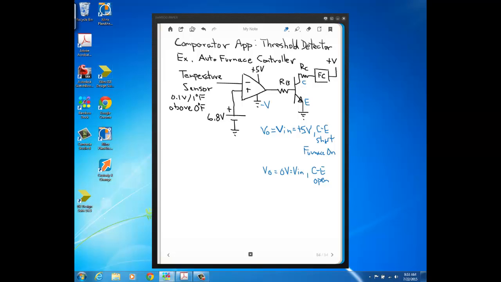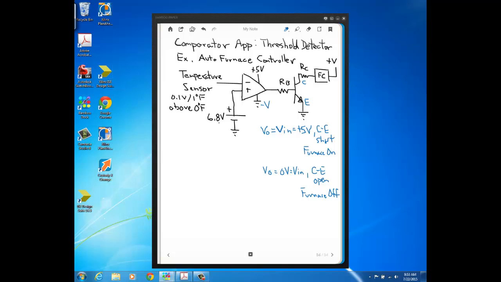And if it's acting like an open, there's no path for current to flow through the furnace, so the furnace would be off. So we're using the output of the comparator to determine when the furnace is on and when it's off.